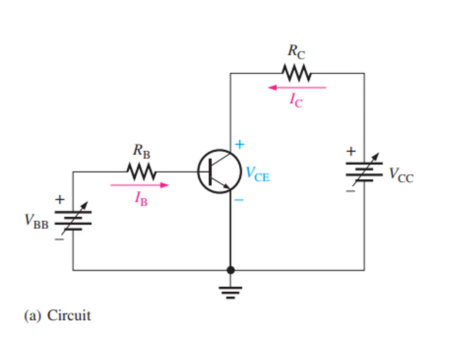Now, using a circuit like that shown in the figure, a set of collector characteristic curves can be generated that show how the collector current IC varies with the collector to emitter voltage VCE for a specific value of base current IB.